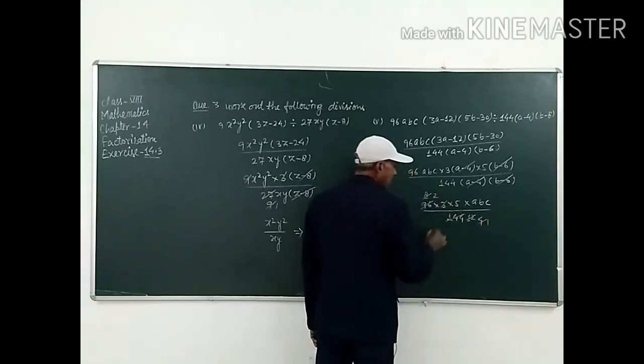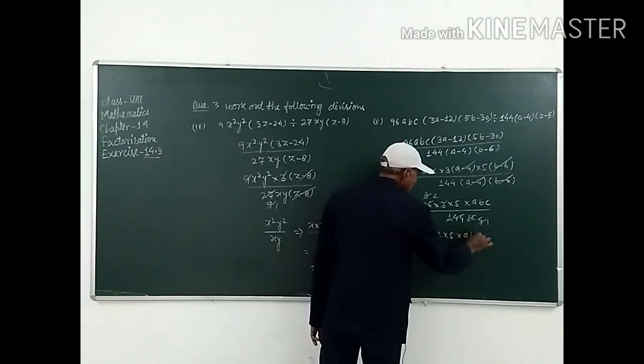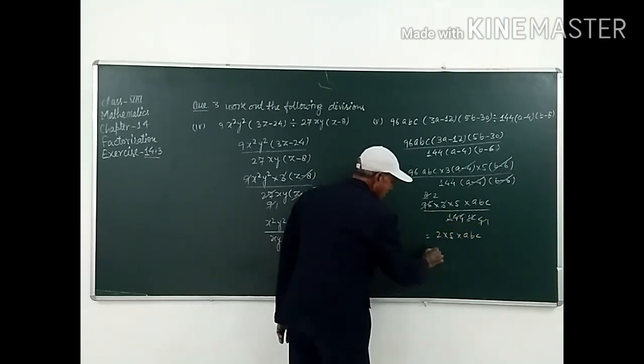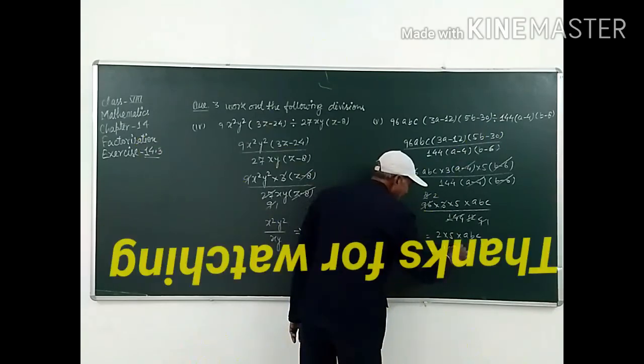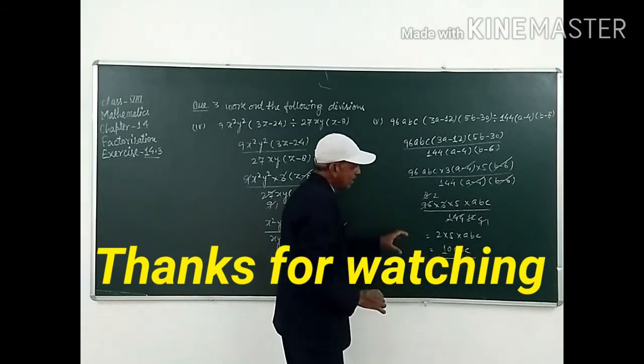This one 1. And now it will be 2 into 5 into abc divided by 1. It means that it is the same as 2 into 5 into abc, and after multiplying, 2 times 5 is 10abc. So this one will be the answer, student.